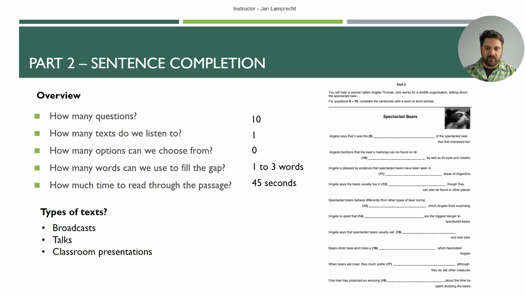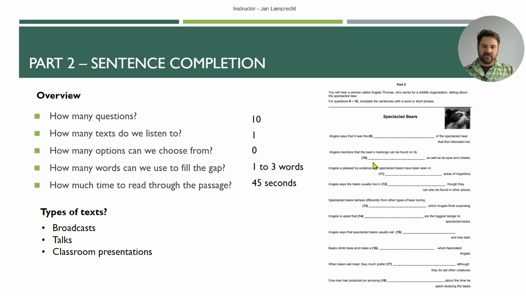space you have there. Okay, how many words can we use to fill the gap? From 1 to maximum 3 words. So in here you can put in 3 words, or 1 or 2, but maximum 3, minimum 1. Okay, now how much time do you have to read through this passage? Part 2, you've got 45 seconds to read through that.